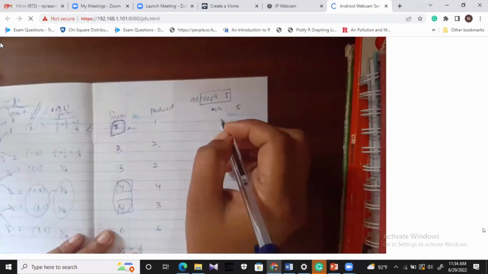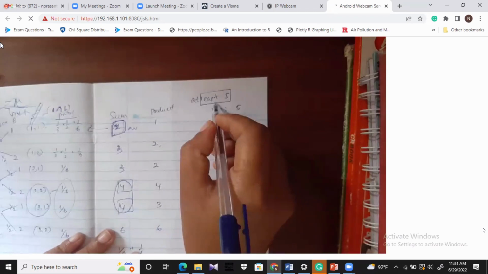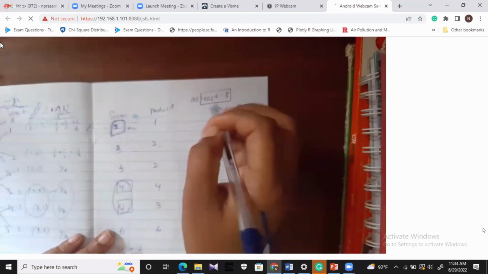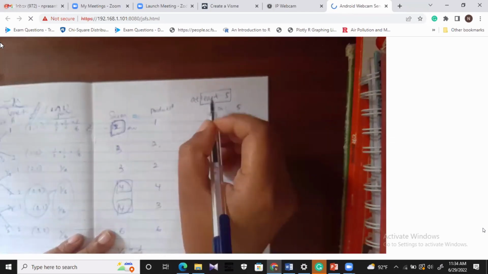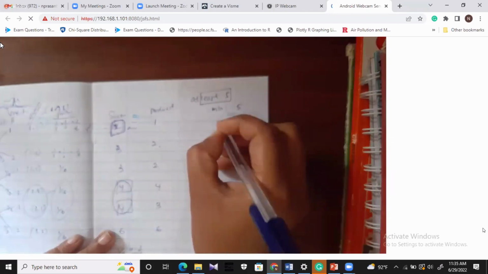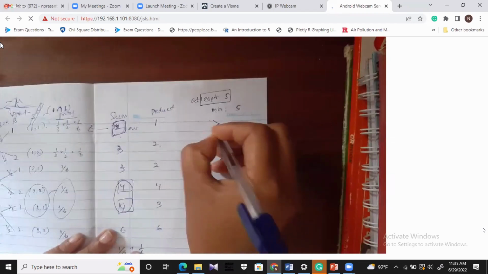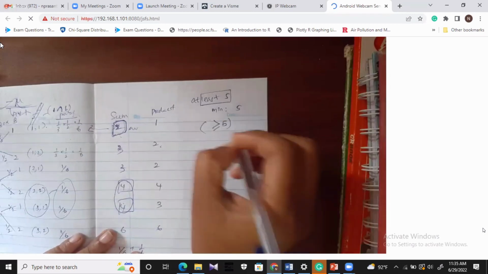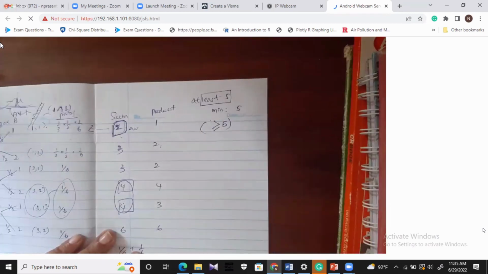That means you are asked to find the probability that the product of those two numbers is at least 5, meaning greater than or equal to 5. Understand? The minimum one should be 5.